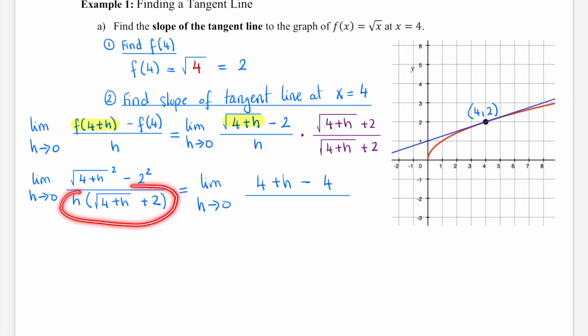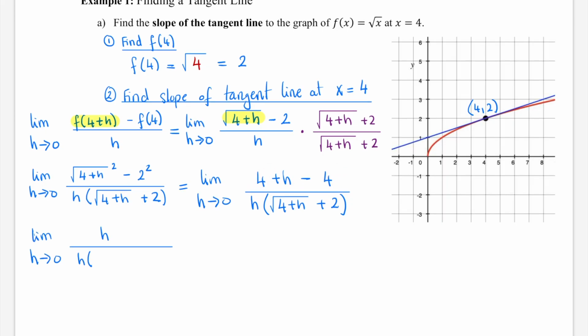And we'll leave the denominator the same. 4 minus 4 is 0. So I only have h left in my numerator. And we cancel the h. So we have 1 over square root of 4 plus h plus 2.